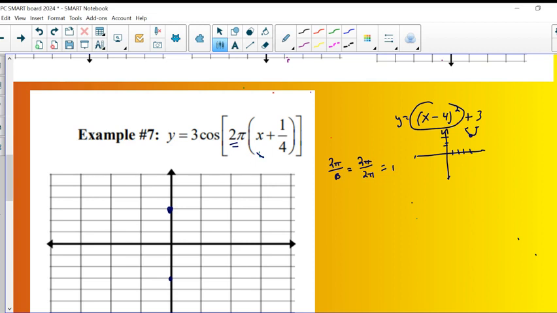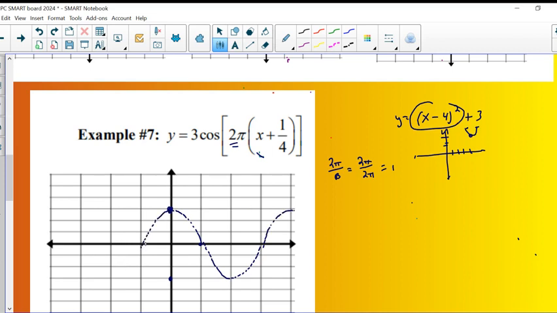So what I'm going to do is think about cosine without the phase shift for a minute. So cosine starts at 1, (0, 1). It goes to 0. It goes down to -1. It comes up to 0 and goes back up to that one right there. Same thing coming here.